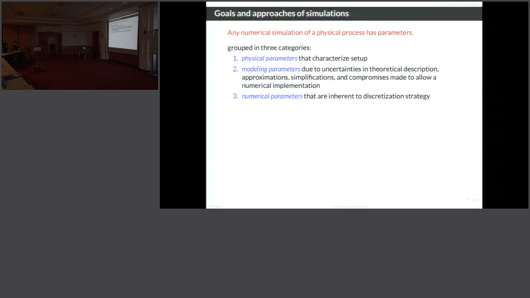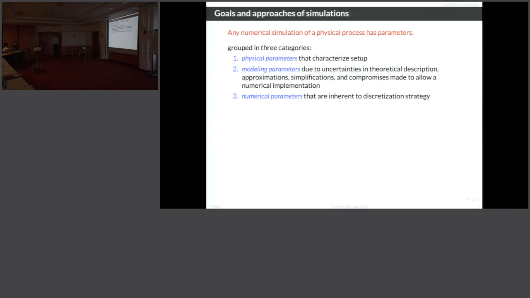So this is actually what characterizes your setup. This could be, for instance, the central density of the white dwarf at explosion, or its chemical composition. So this is something that you actually would expect to change in nature from object to object as a physical parameter. Then we have modeling parameters, and these are due to uncertainties in the theoretical description.